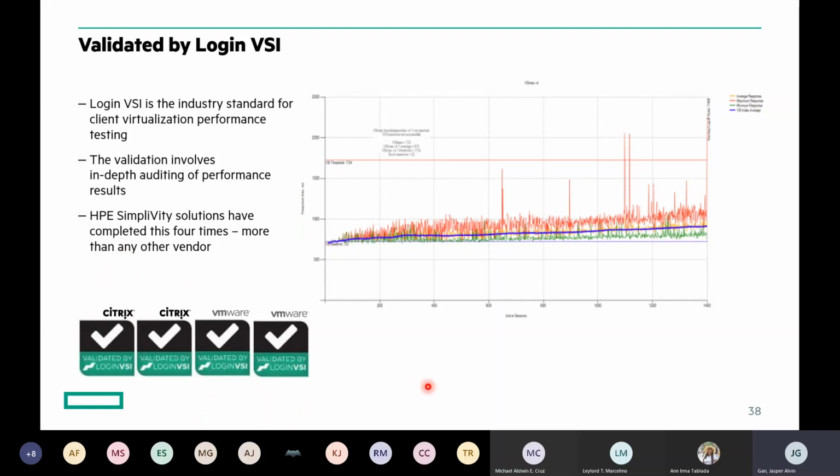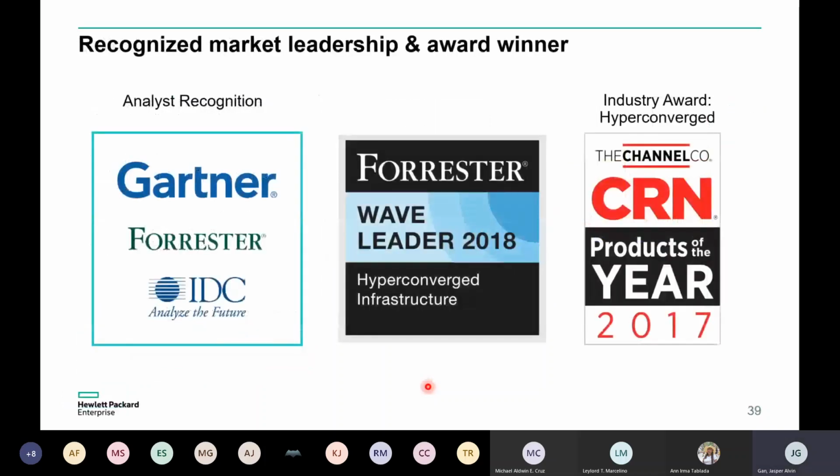We are also certified by top industry vendors like SAP to run their SAP HANA and other kinds of tier 1 workloads. And we are recognized by industry leading research organizations like Forrester and Gartner as a leader in hyperconvergence. We have also won the industry award for Product of the Year for Hyperconverge since 2017 and running.